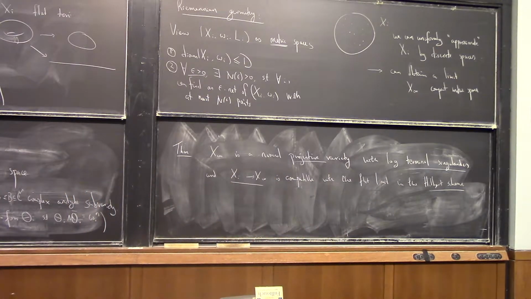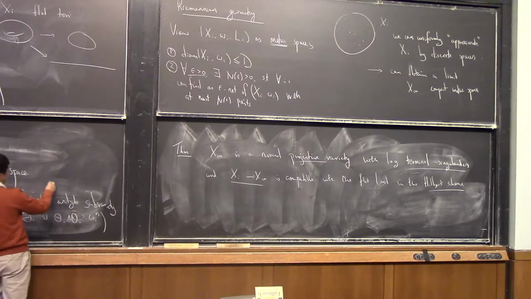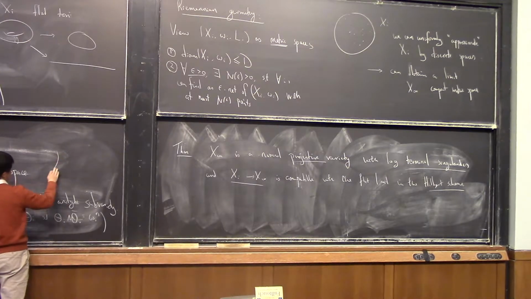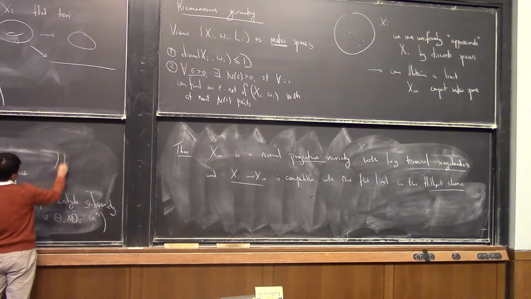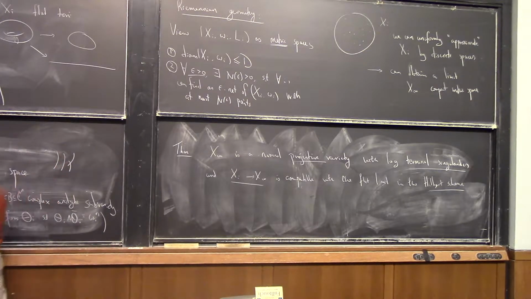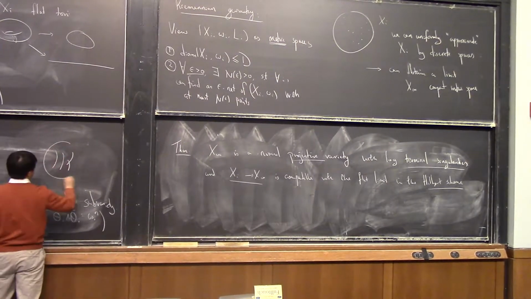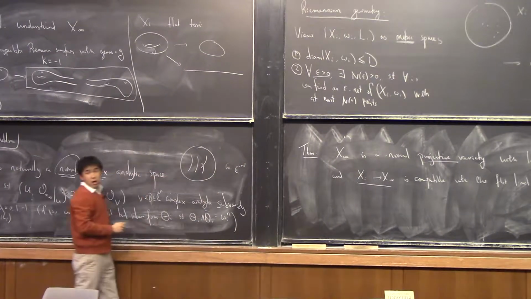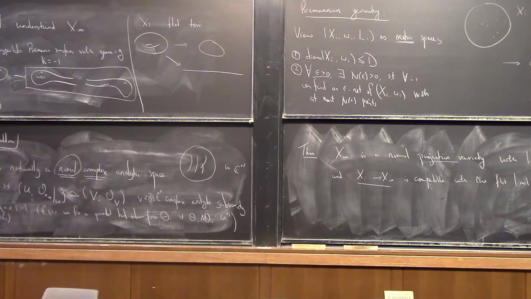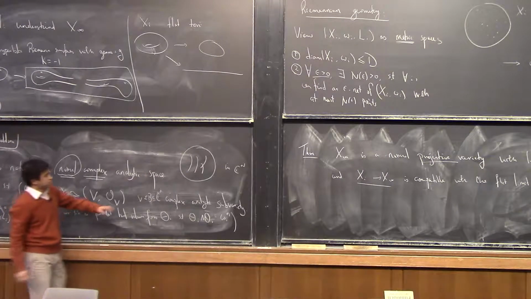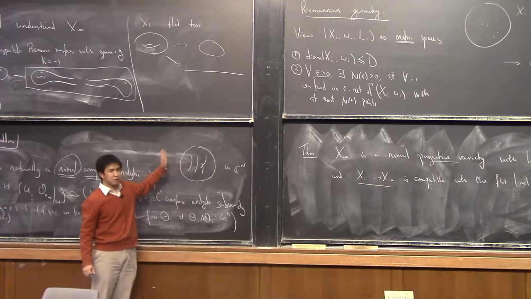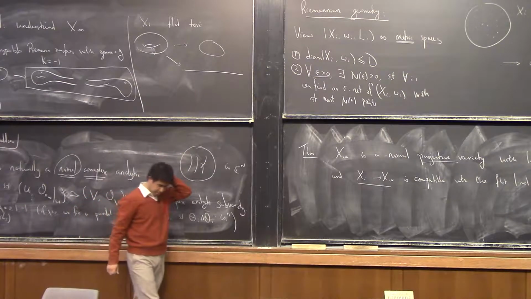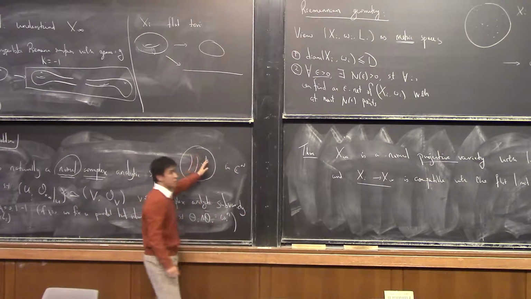So from the proof we will see that locally you can embed a part of X_∞, a neighborhood of x_i, so that they converge to some U in C^n, an open set in C^n. So they converge as currents, for example.